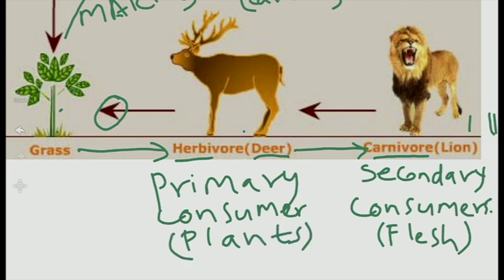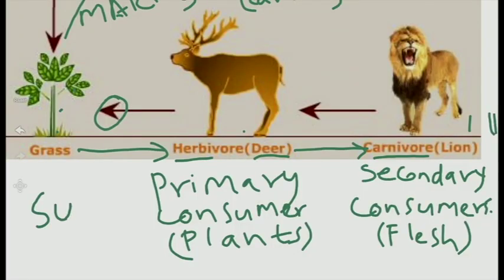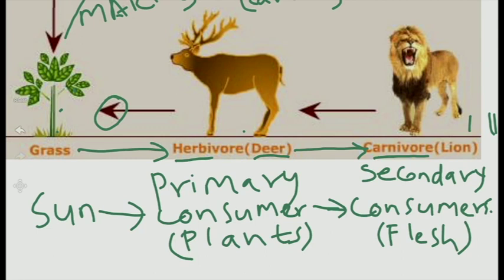Plants get the energy directly from the sun. Then this forms a food chain. If a food chain is, we're talking of food. And when we talk of food chain, we normally do not include the sun.